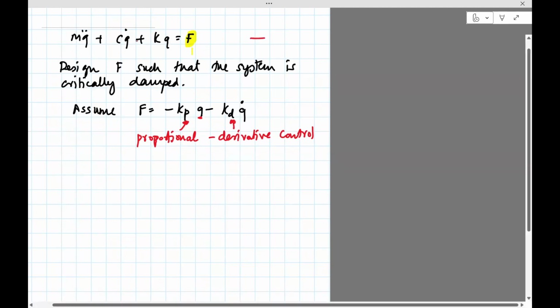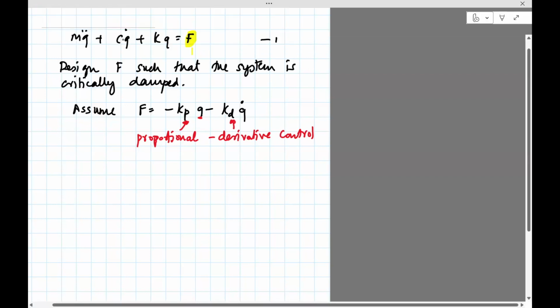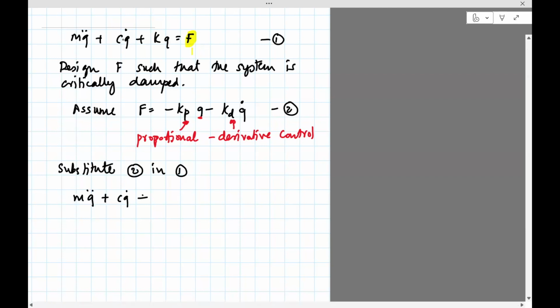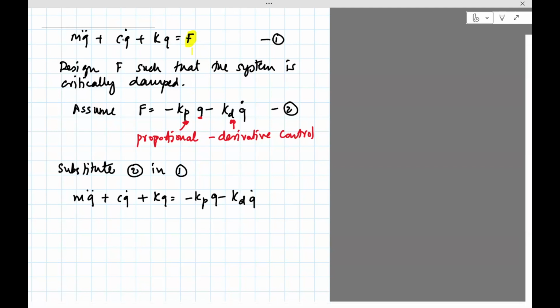So here's what we'll do. Substitute 2 in 1. Now we'll collect all the terms involving Q dot and Q double dot together.